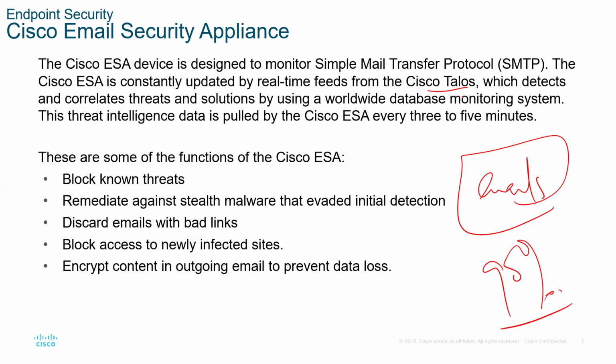Then from those updates, devices like the email security appliance get those updates. Therefore, it knows the latest threats which are out there. That's basically the idea behind Cisco Talos. It allows devices, if updated with the database, to be able to know the latest threats that are out there.